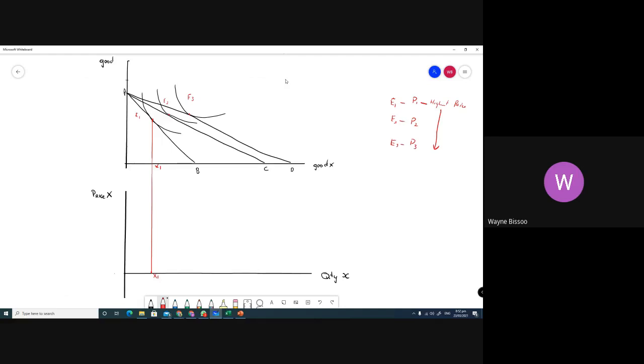From this equilibrium point here, we are demanding this quantity X2 of good X, and at this point here, transferring that information down here, this is X3. So this should actually read QX3 or QX2. So let me clean that up a little bit so that it's a little neater.